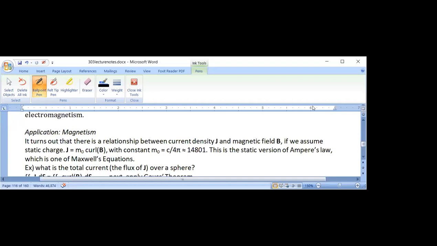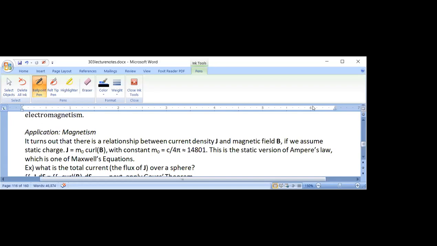From physics, we learned that there's a relationship between the current density, which is J, and the magnetic field, which is B, as long as we assume that there's static charge, meaning the charge is not in motion. So we have that J equals M0 times the curl of B, and M0 is a known constant.